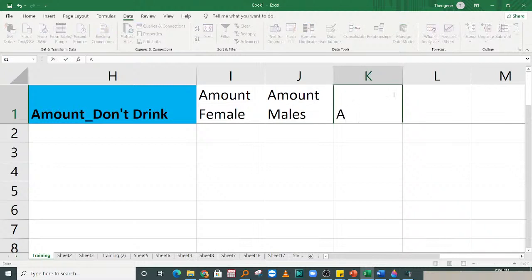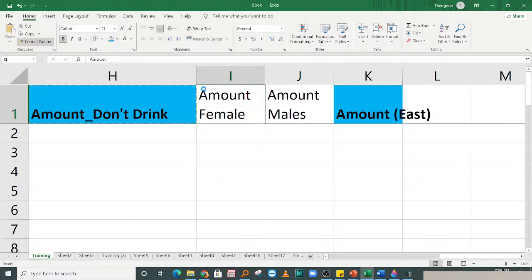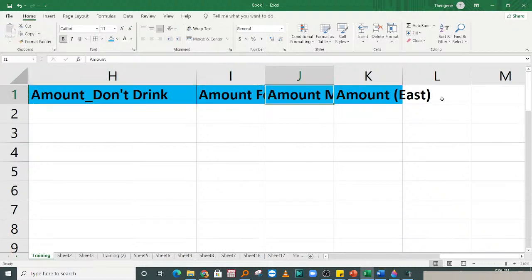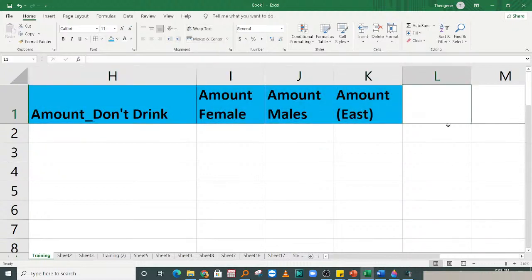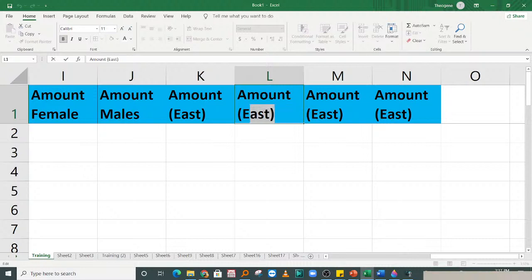Okay, amount of money for people from east, amount of money for people from south, amount of money for people from west, amount of money for people from north.